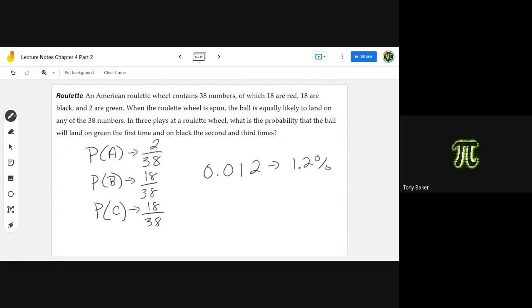Typically, if you land on a number, say you play, my birthday is August 22nd, so I always play 22. If you land on 22, you get 35 times your bet. But there's 38 numbers on the wheel.